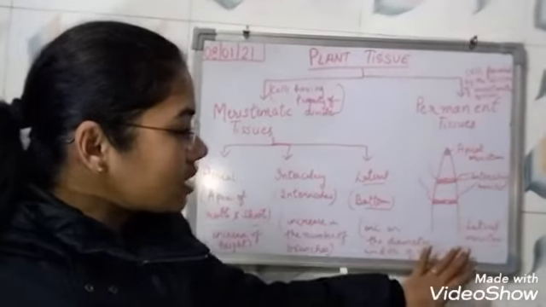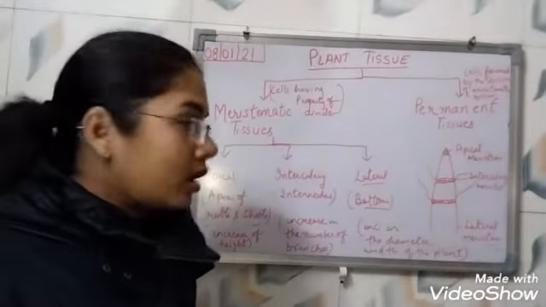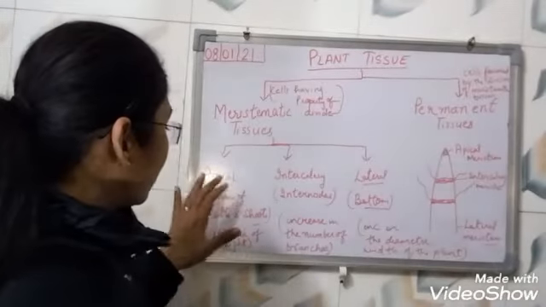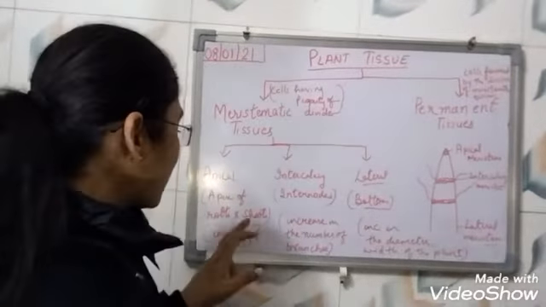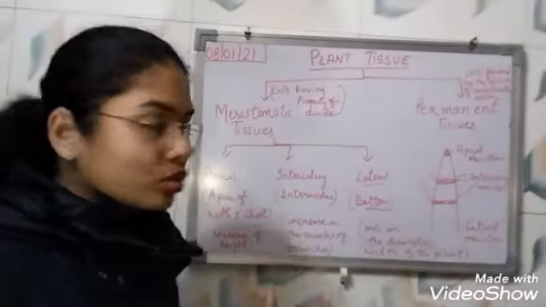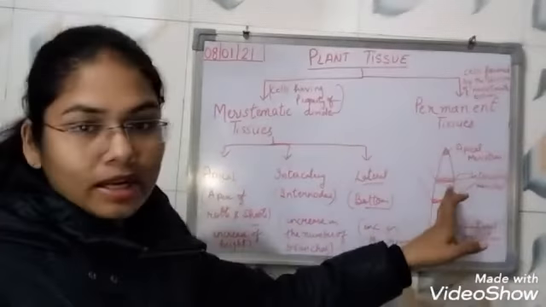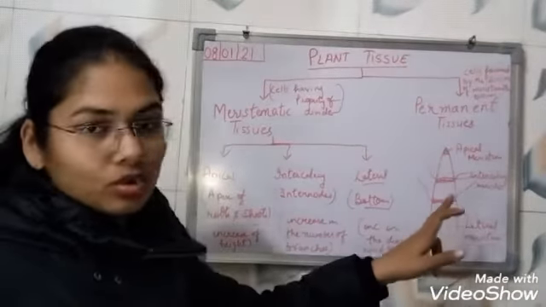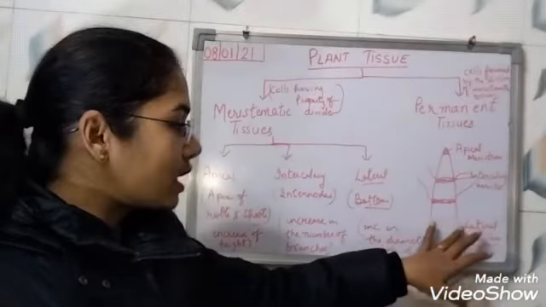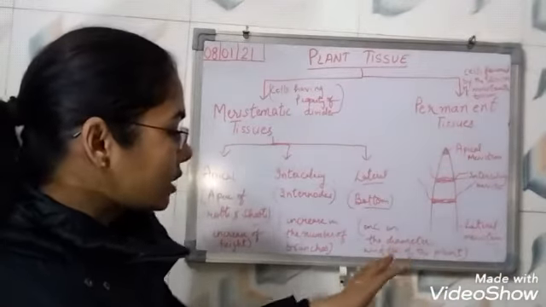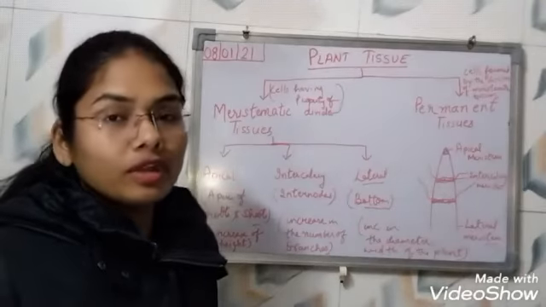This is the diagram, and it can also come in your exam. Apical is present at the tip, at the apex of the stem, or also in the roots. Intercalary is present at the internodes of the stem. And the third, lateral meristem, is present at the bottom, and it helps in the increase in the width of the plant.